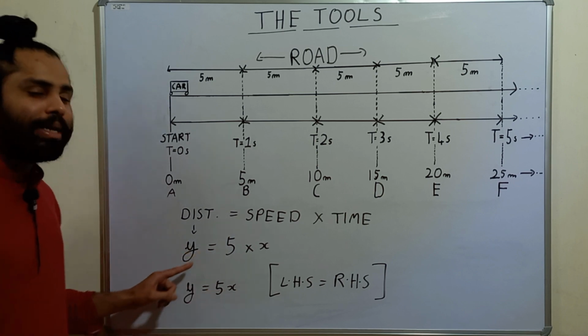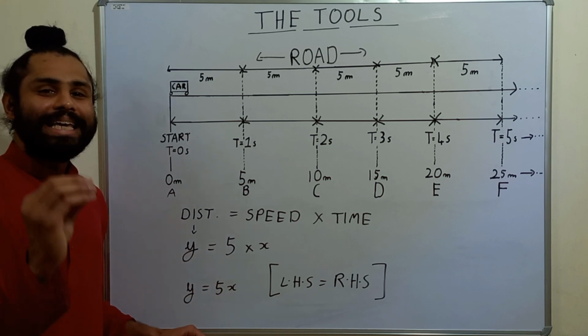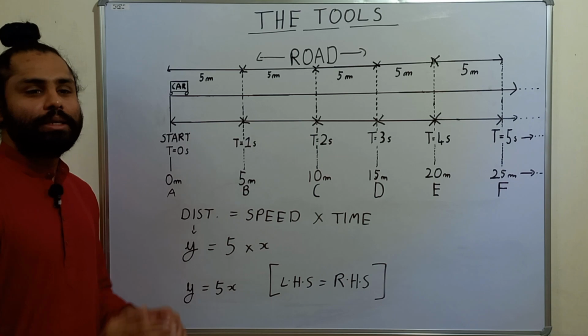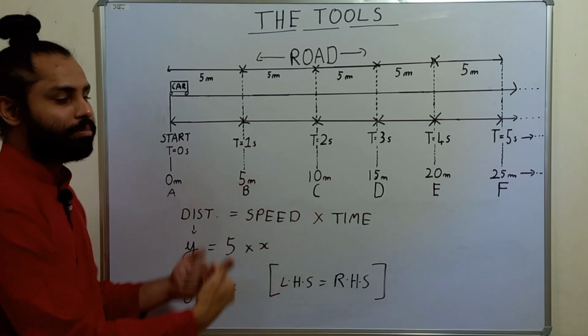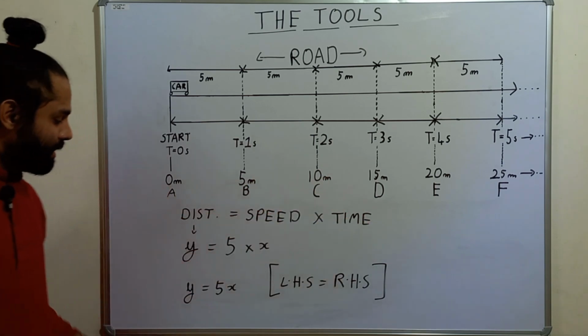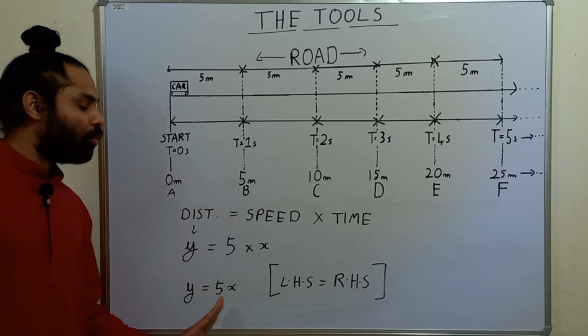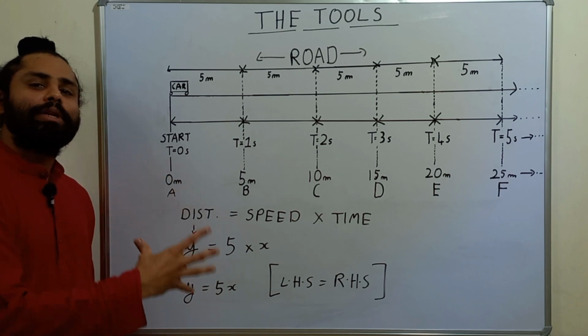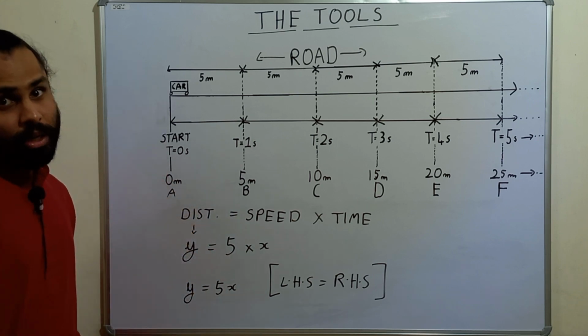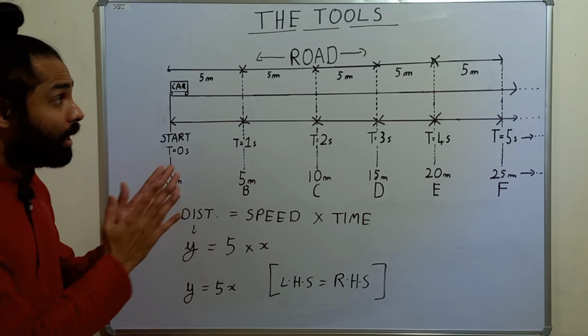This is basically what we call an equation. Equation means something equal to, something the same as something else. In this case, it's Y equal to 5X. This is the simplest form of an equation. Now, as I said earlier, we're learning about the tools.